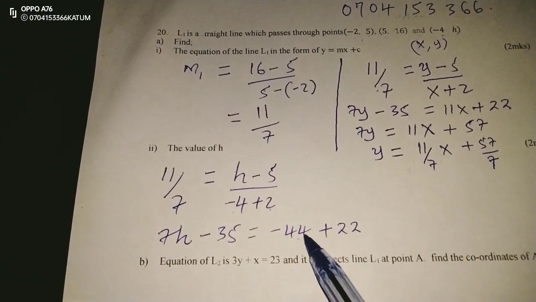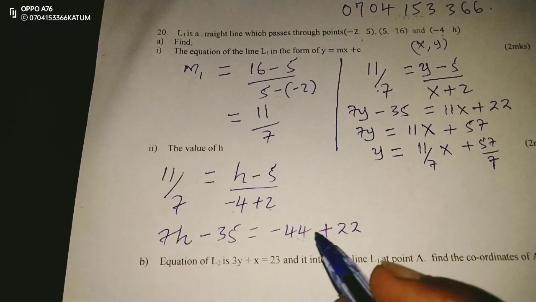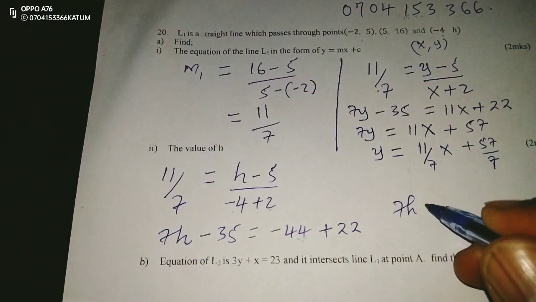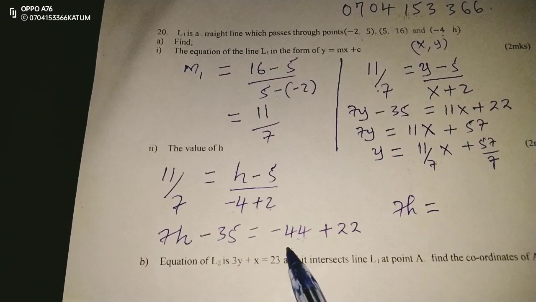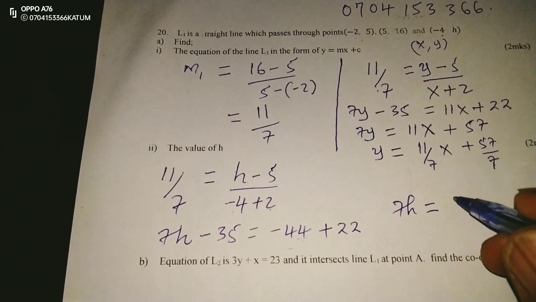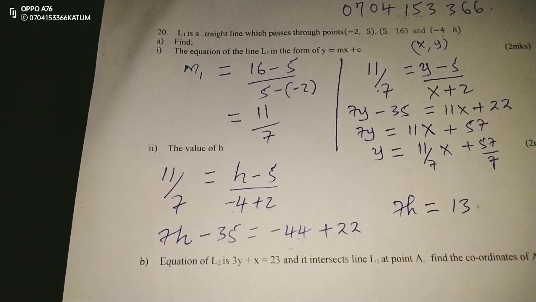So we're going to have 7h equals 35 and there is a -22 at this point. So -22, when we add 35, we are getting 13. I hope I'm right there.